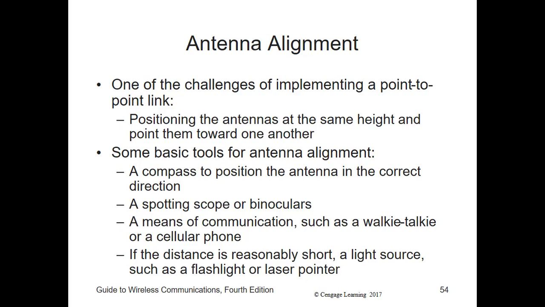Some basic tools are essential, such as a compass to position the antenna in the correct direction, a spotting scope or binoculars, a means of communication like a walkie-talkie or a cell phone so you can talk to the person on the other end aligning the antenna, a light source such as a flashlight or a laser pointer if the distance is relatively short, a topographical map, a graph that shows elevations and ground, or some way of determining the height of a building or tower where the antenna is to be mounted.